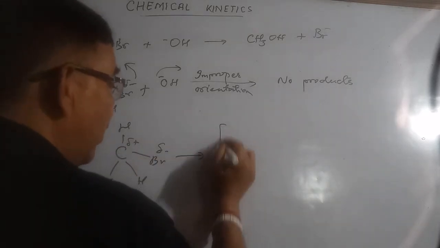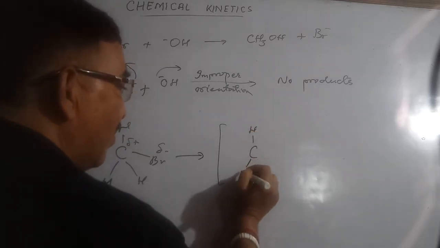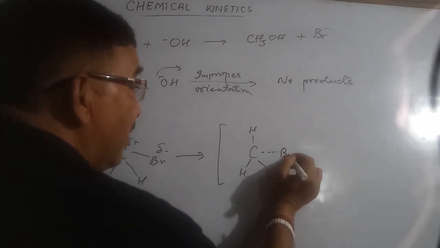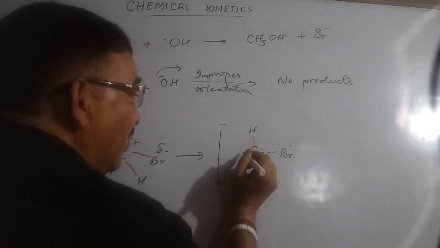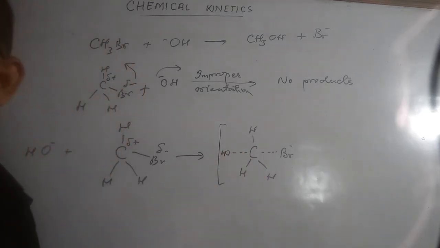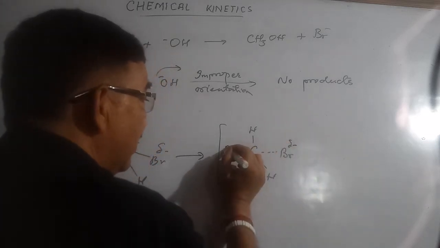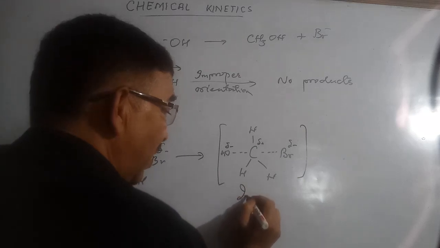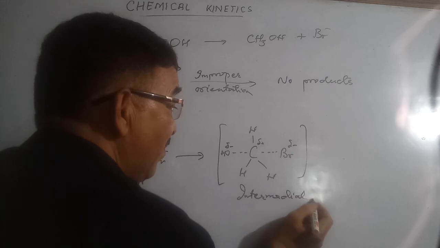So the product will be an intermediate product. This bond will be cleaved and this bond will be formed. So here will be delta negative, and here will be delta positive. This is called an intermediate product.